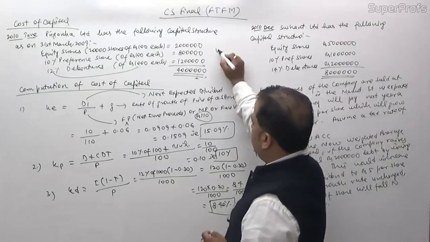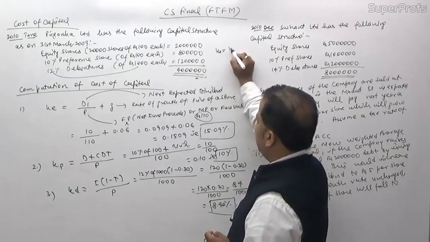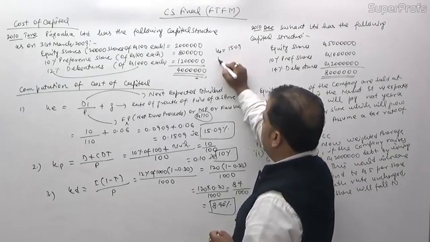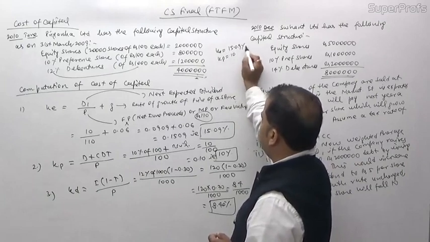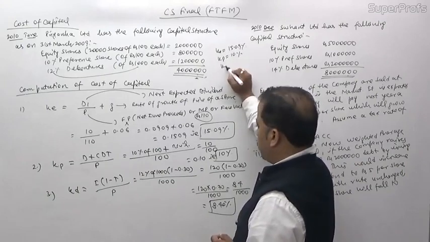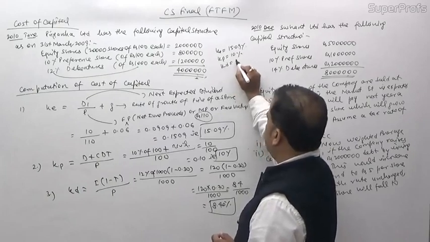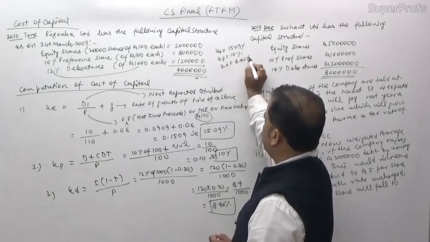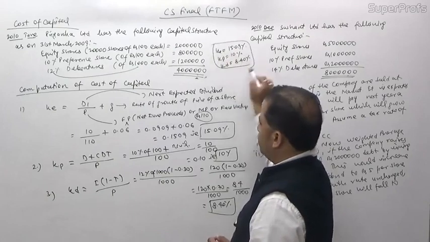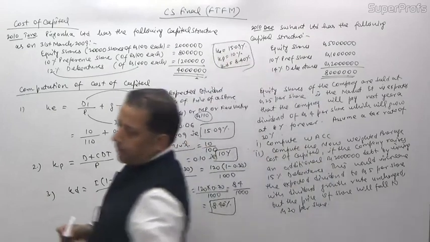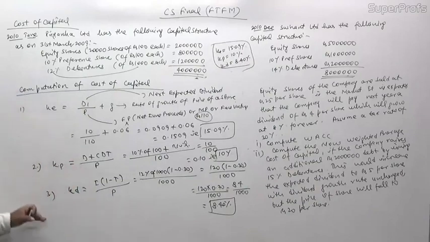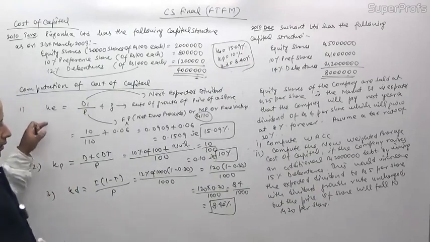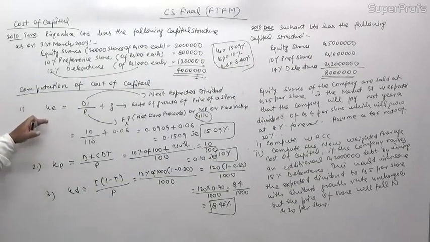So first of all, please note down these points 1, 2 and 3, then we'll calculate the weighted average cost of capital.